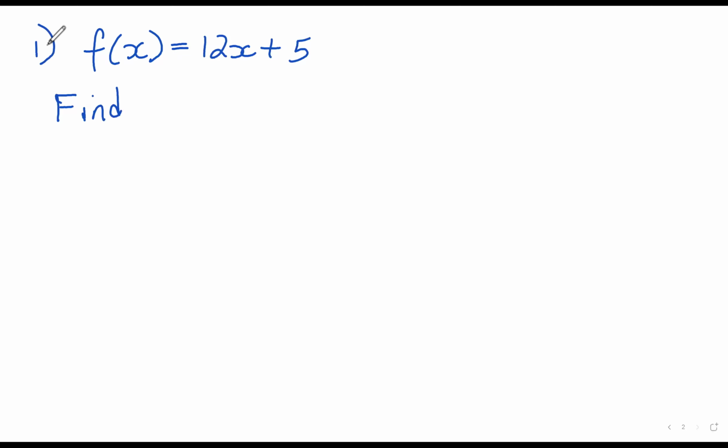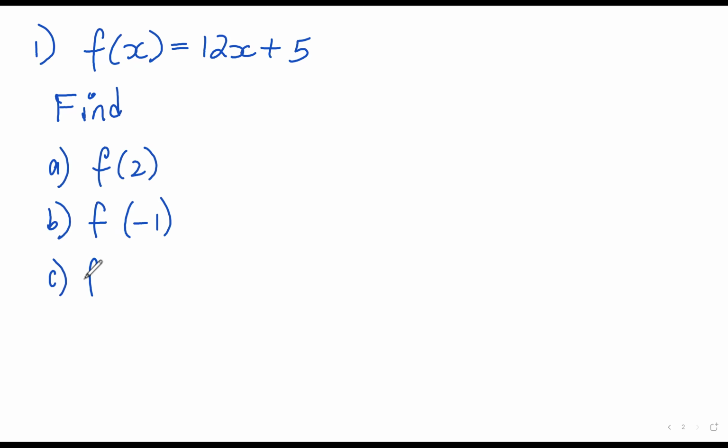The function is f of x is equal to 12x plus 5, right? And you are finding for me, so this is question 1, and you're finding A, f of 2, B, f of negative 1, C, f of 0, and then D, f of 1/2.